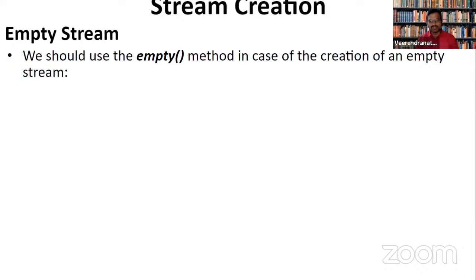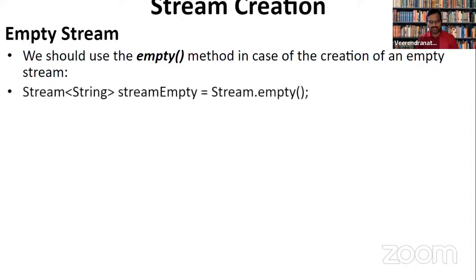So what is this empty method all about? This empty method is all about creating an empty stream. So here you can see we are using an empty method on the stream. It is going to return you a stream object.